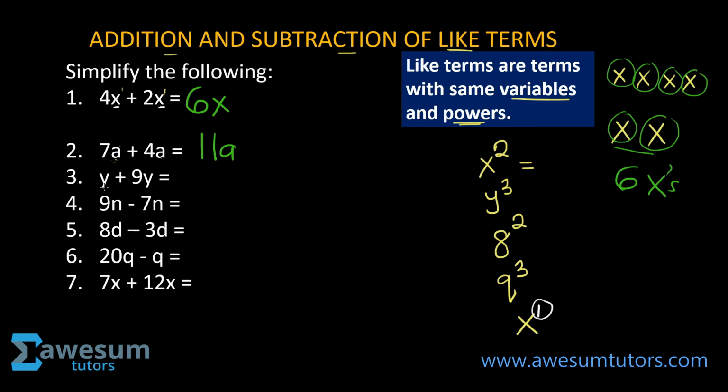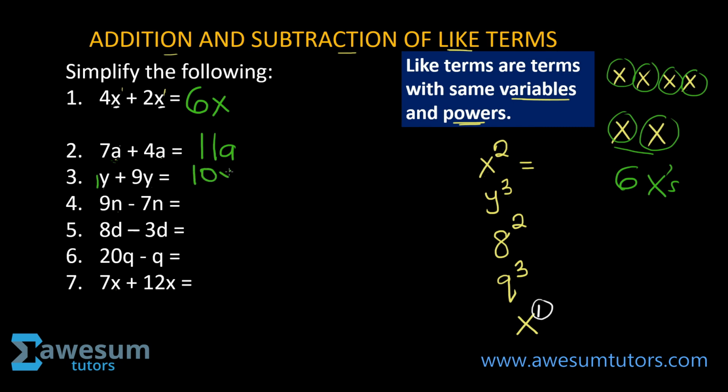What about this? y plus 9y. Take note, we had also established before that when you have something like this, y, it means there is an invisible 1 right here. So that means you're having 1y plus 9y. That is going to give you a total of 10y.